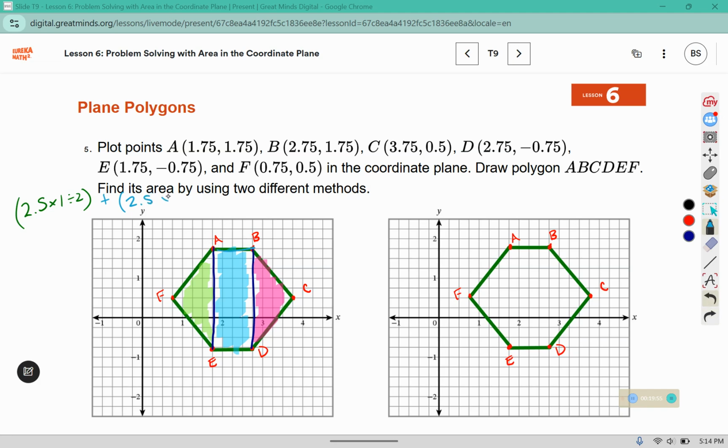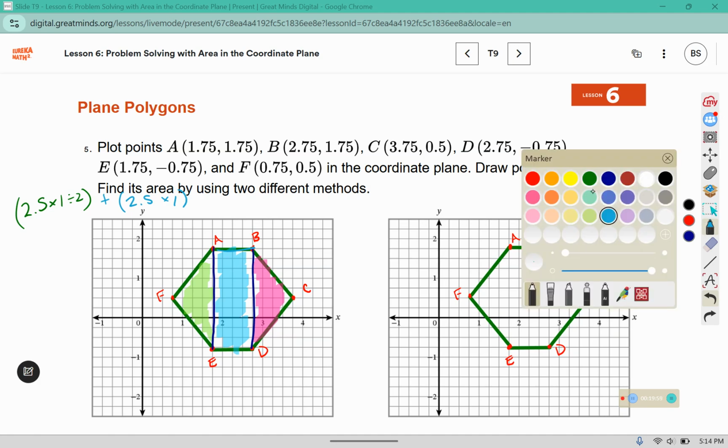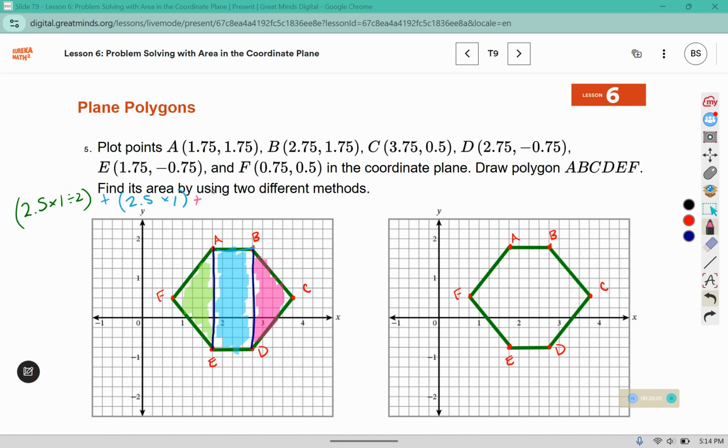And 1 wide, because 4 boxes make a whole. And then the triangle piece here is 2.5 by 1, and it gets divided by 2. All right, 2.5 times 1 is 2.5. 2.5 divided by 2 is 1.25.